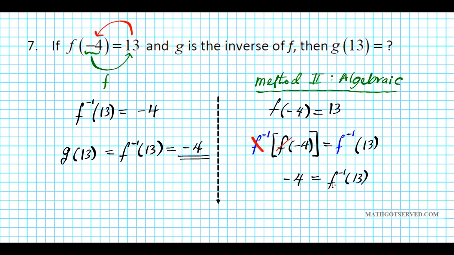But we know that f inverse is g. Okay? So we can simply conclude by writing g of 13, which is f inverse of 13, is equal to negative 4, and there goes your final result. So if you want to use mapping in and out, that works perfectly, or algebraically, you can just take the inverse of both sides to see what the resulting inverse is evaluated at the output.